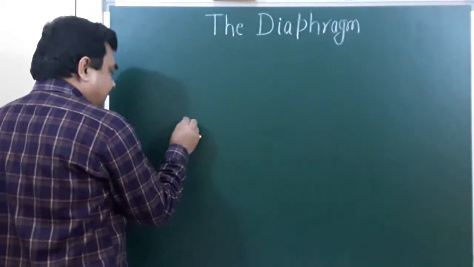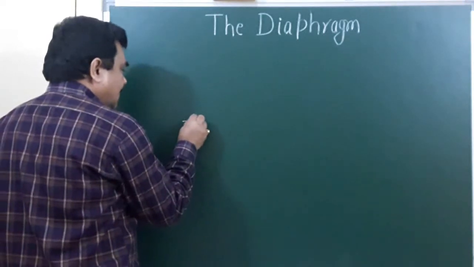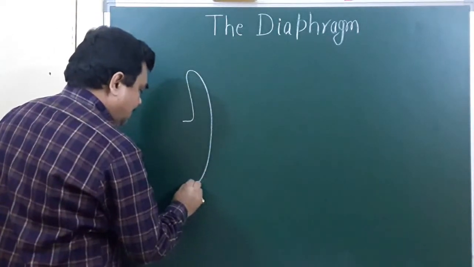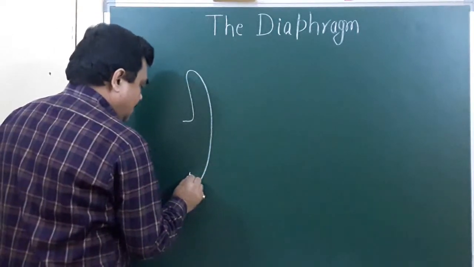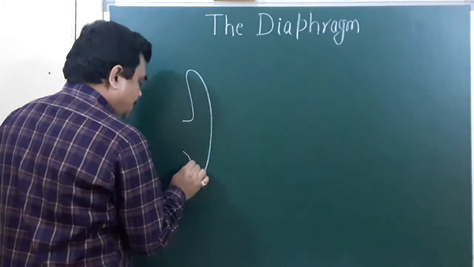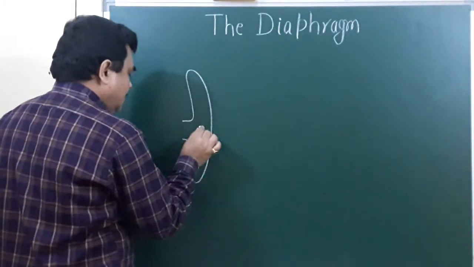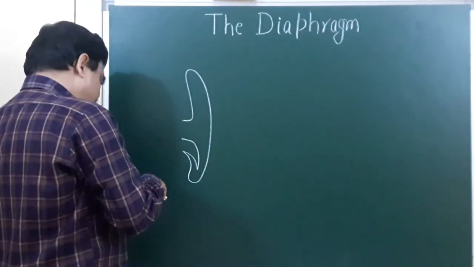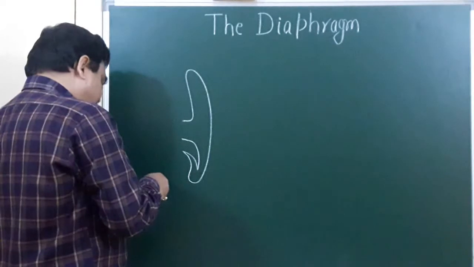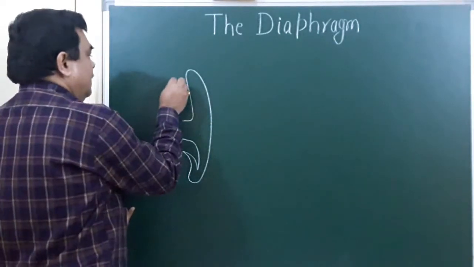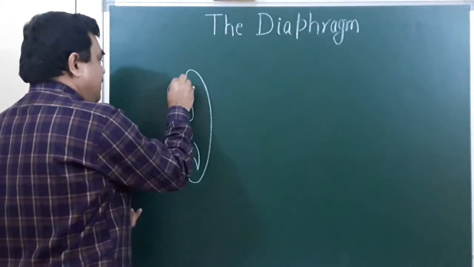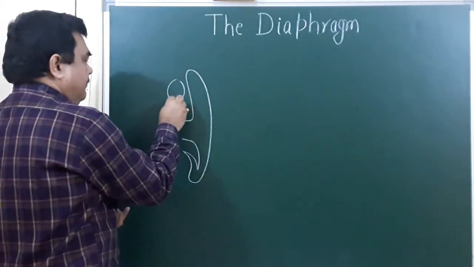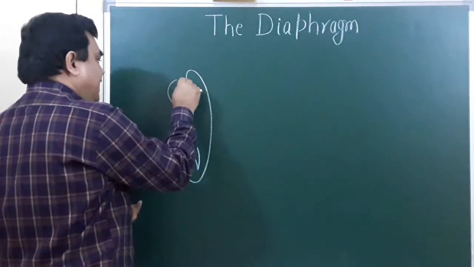Here you can see this is a developing embryo. Here is the position of the developing pericardium.